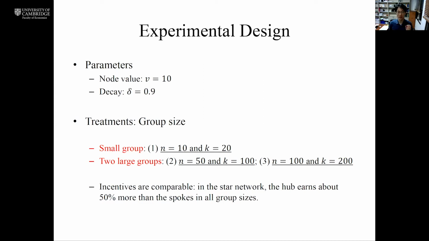In this way, the incentives are comparable in the sense that in the equilibrium network, the star network, the hub earns roughly 50% more than the spokes, regardless of the group size. So this is the split of the parameter selection in our experiment.